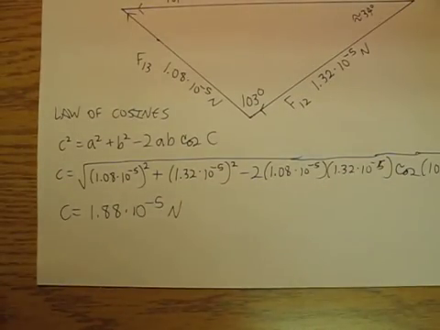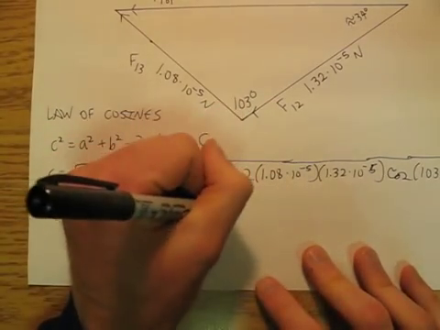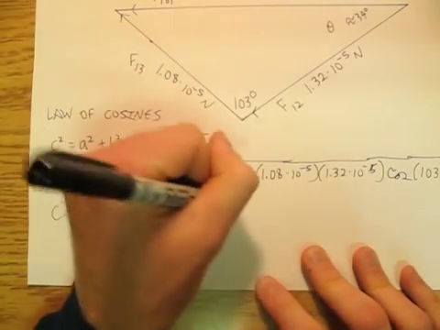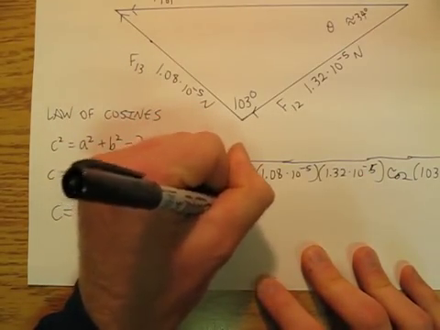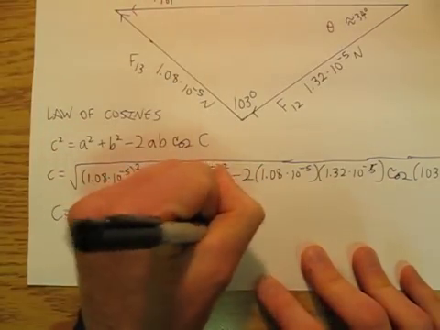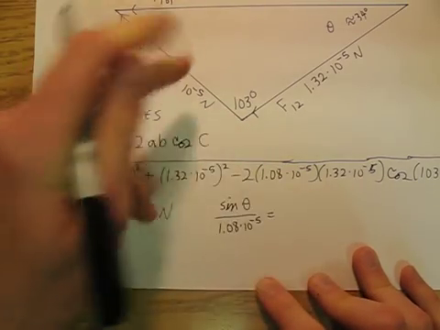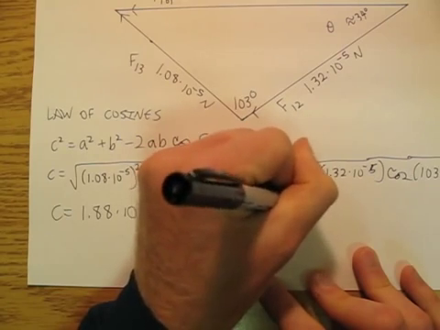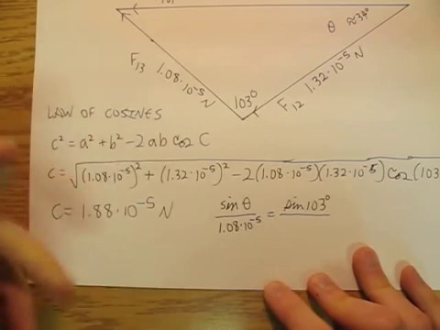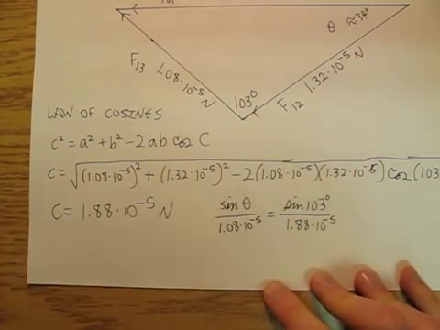And then, we're also going to say sine of theta divided by 1.08 times 10 to the negative fifth is equal to sine of 103 divided by 1.88 times 10 to the negative fifth.